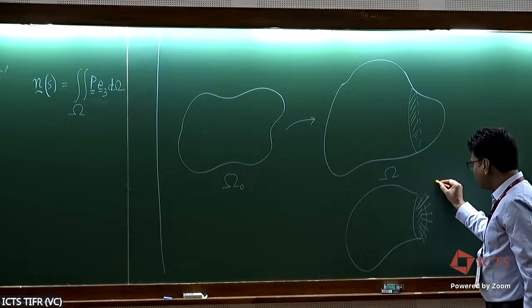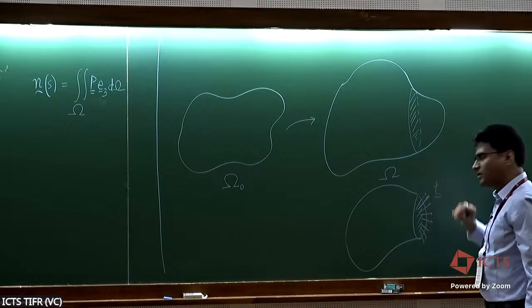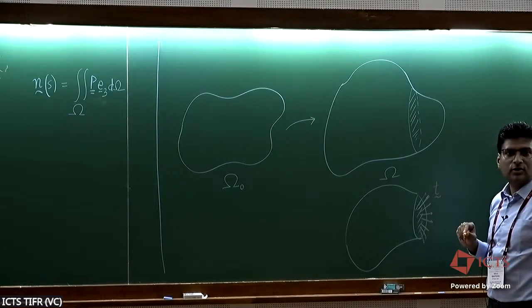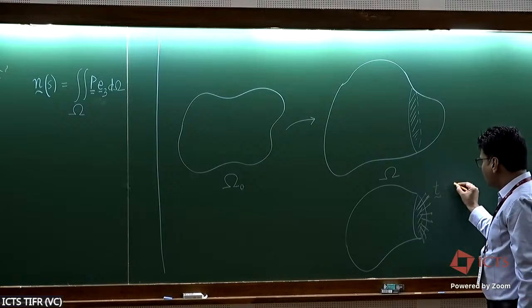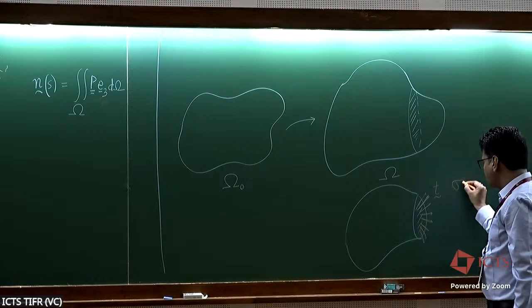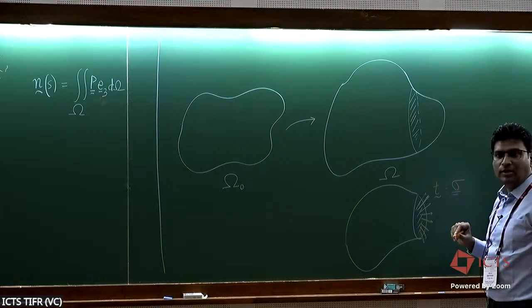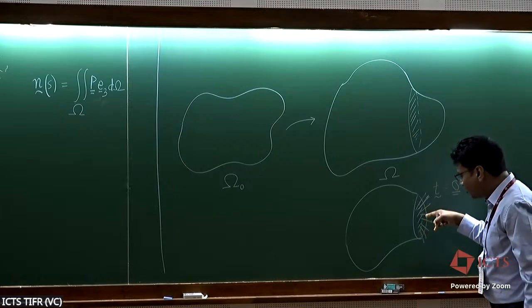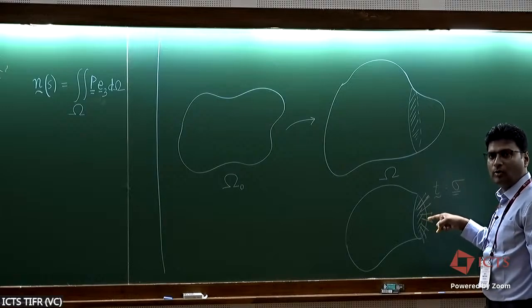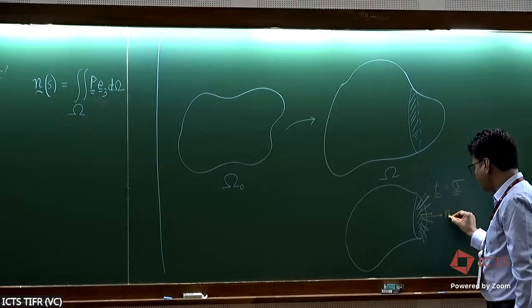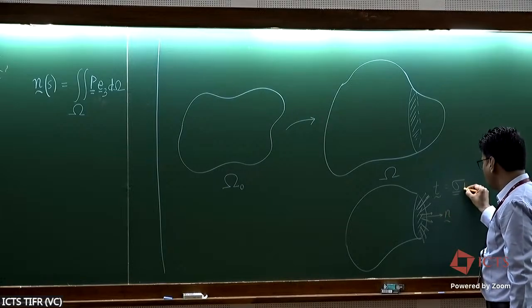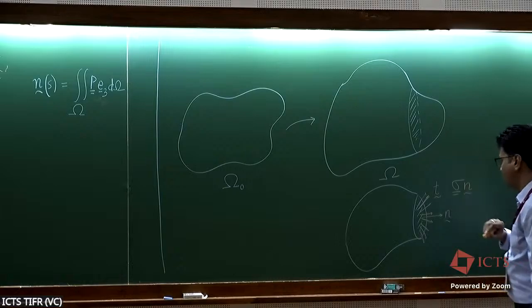This is given by the symbol T, T for traction, and it is equal to the Cauchy stress tensor sigma multiplied by the current normal of the surface. Let us say that is N here. So T is equal to sigma times N.